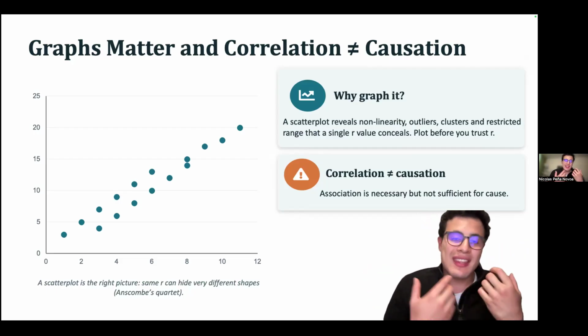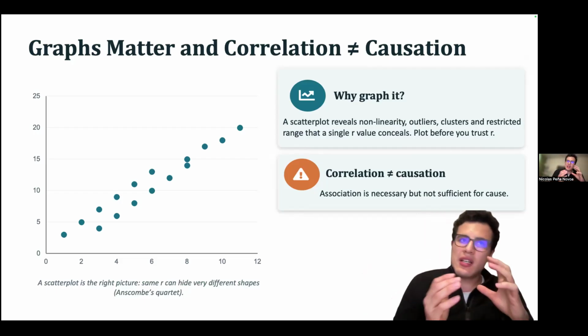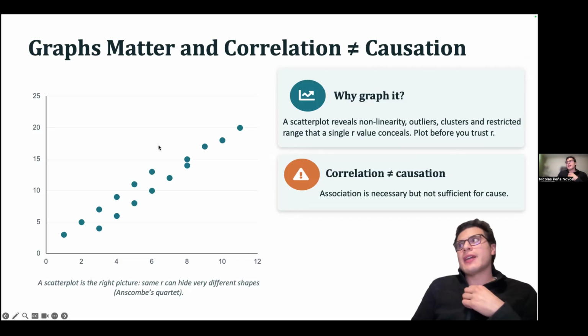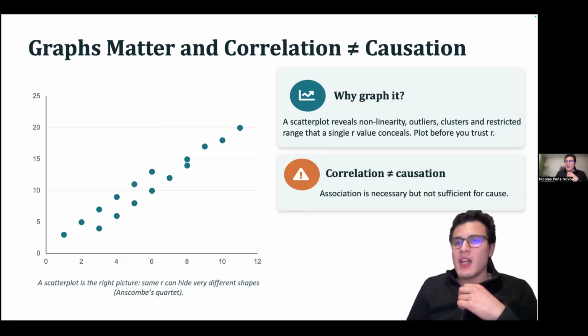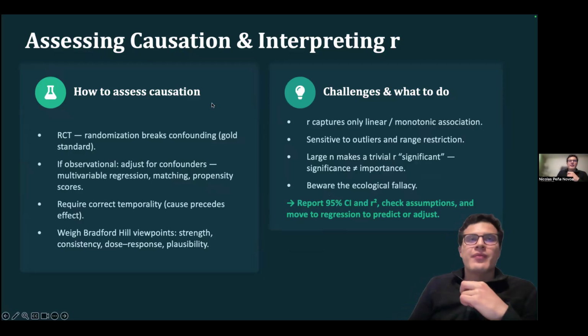There is an important thing that I have to tell you: you can see an association, but this is not necessarily sufficient to show cause, as we see in the next slide.